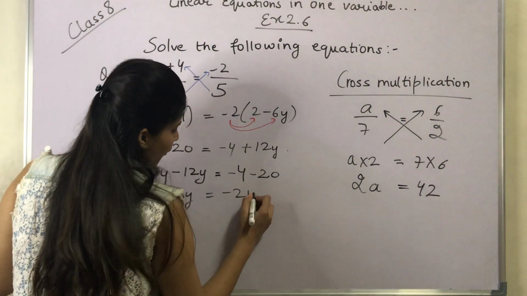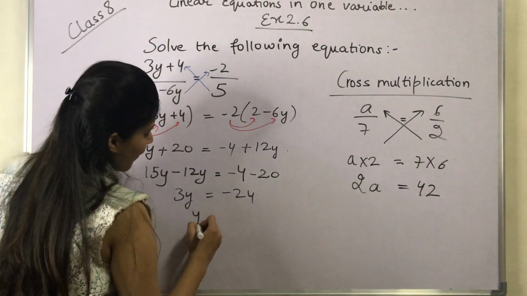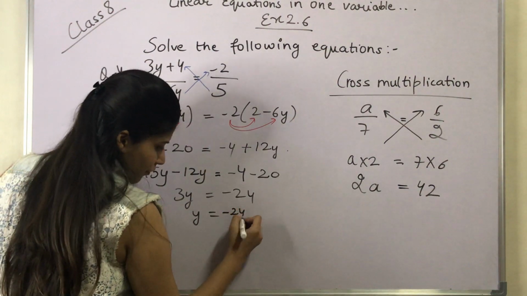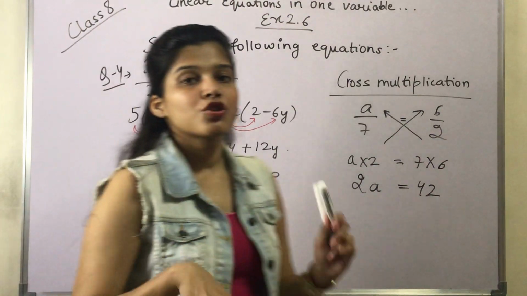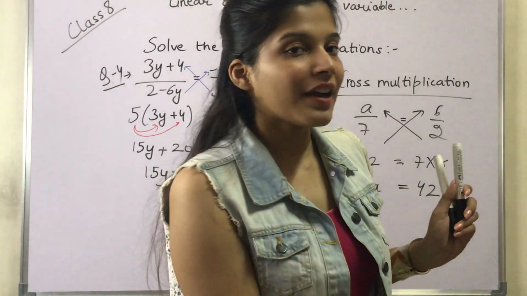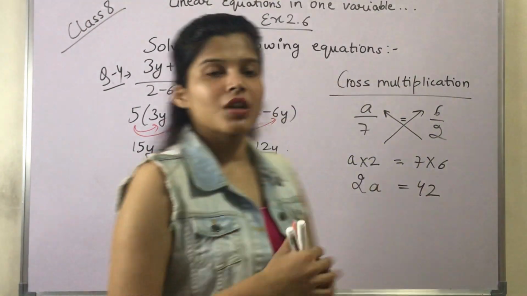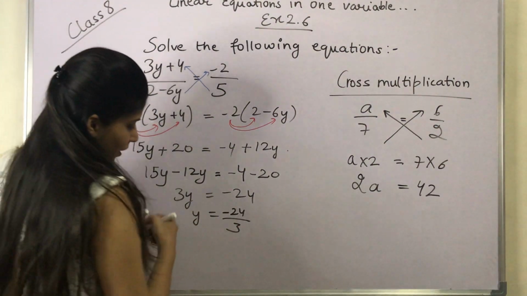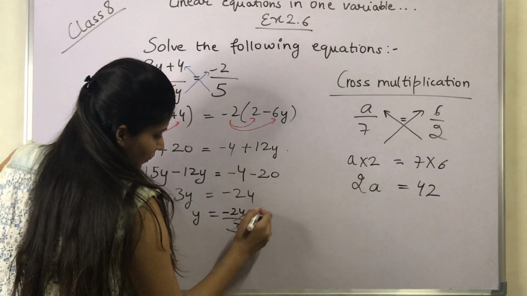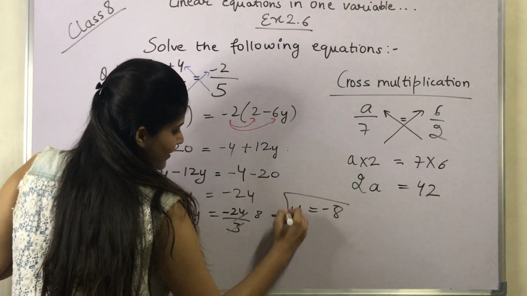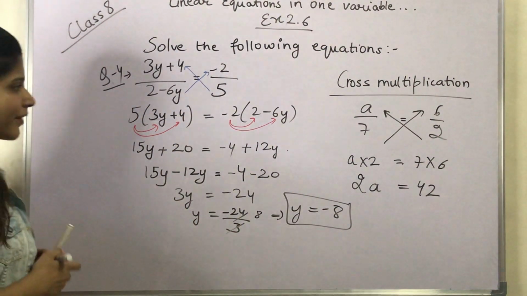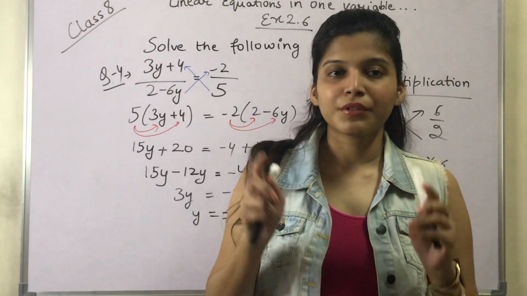So minus 24. So the value of y is minus 24 upon 3, because 3 was in multiplication with y. So when it is transposed to the RHS, it will be in division. So minus 24 upon 3, 3 8s are 24. So the value of y comes out to be minus 8. Alright, so this was our question number 4.